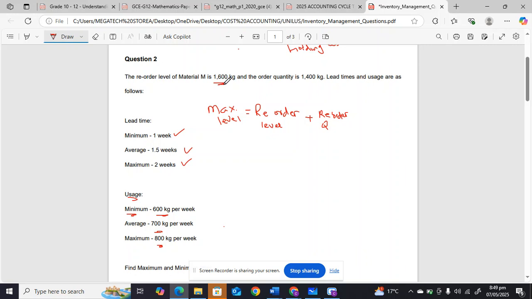And when you place an order, the reorder quantity is always 1,400 kg.